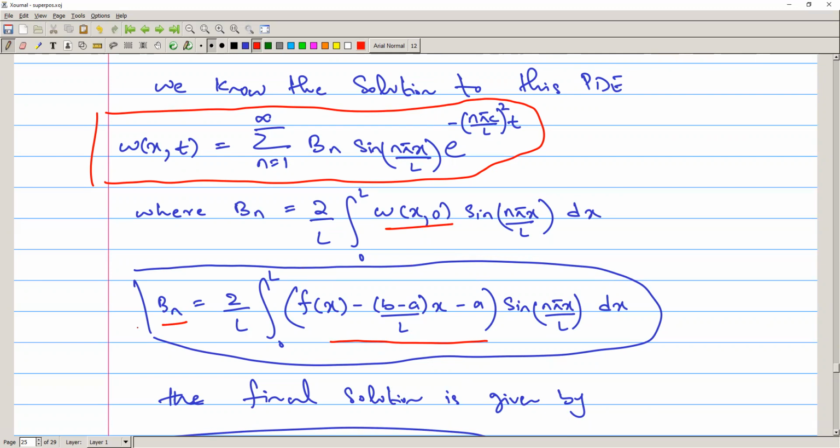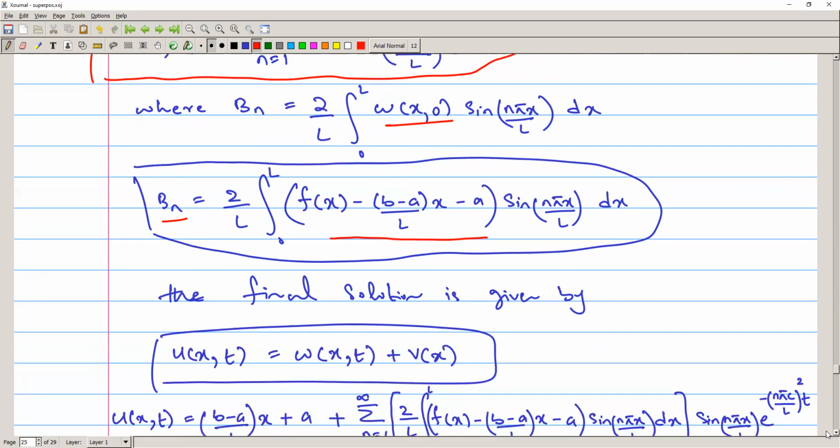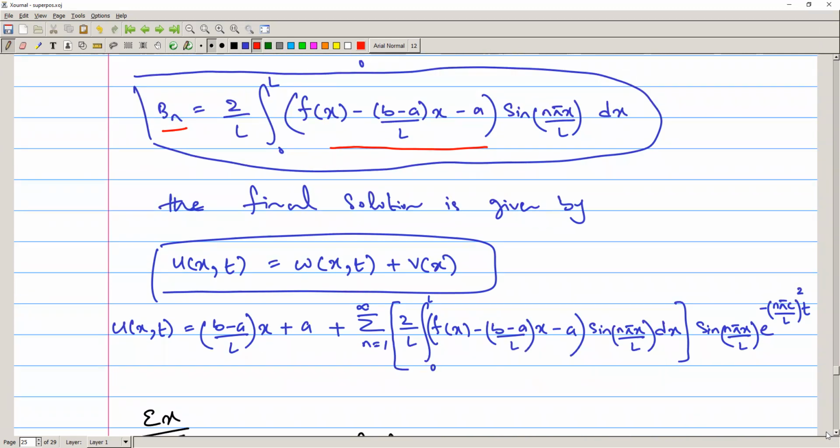We are actually finding Bn. So now we can find this by integration using the Fourier series. So we will solve this. Let's take a problem and see how to solve it.